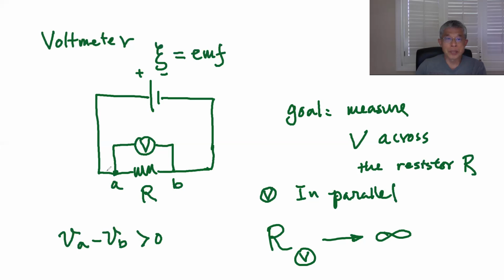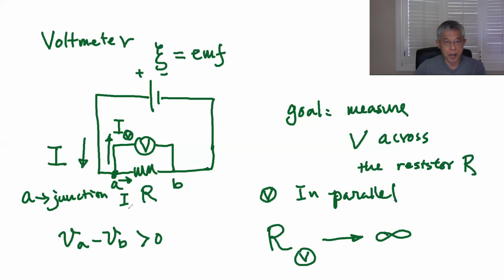That also means that if I have the total current coming this way, and I see this junction, A is the junction, you split the current. There's a current going this way, let's call that IV, and a current going this way, let's call this one IR.